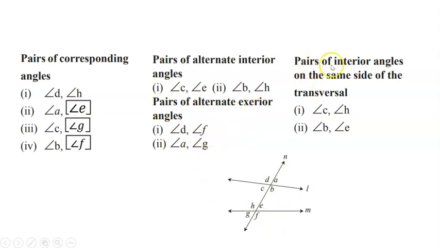Next, pairs of interior angles on the same side of the transversal: angle C and angle H, angle B and angle E. These are the pairs of interior angles on the same side of the transversal.